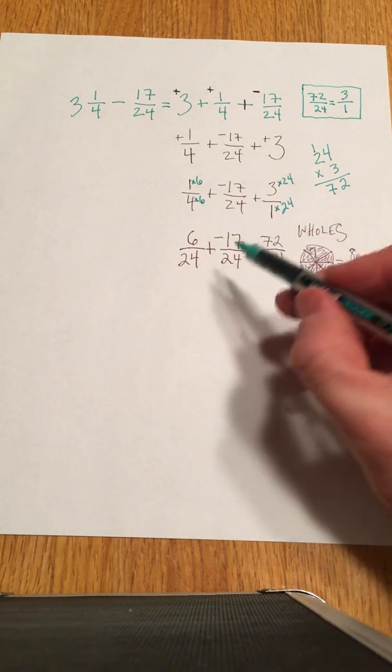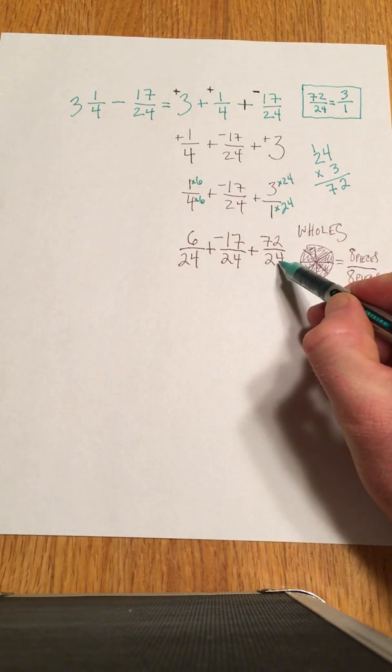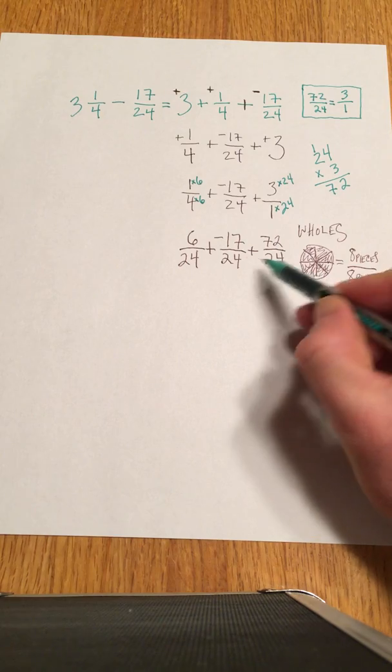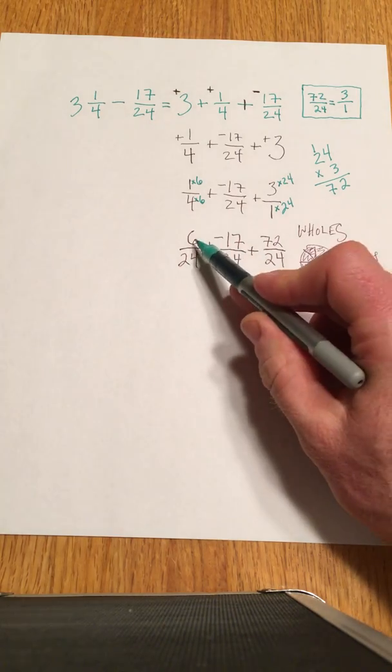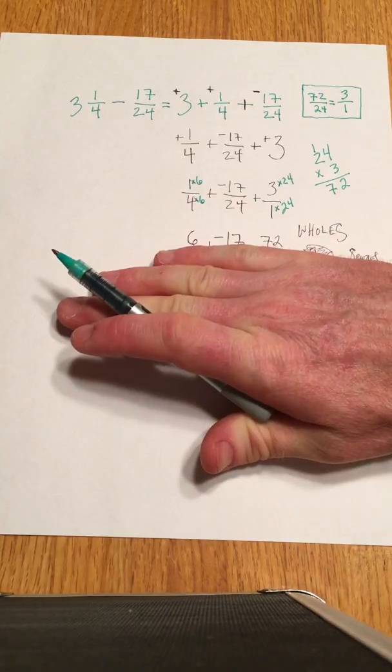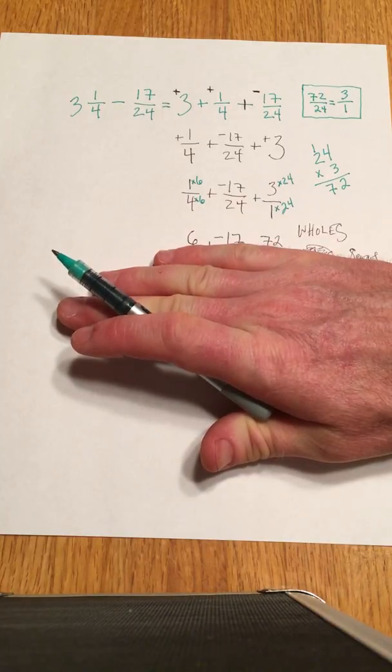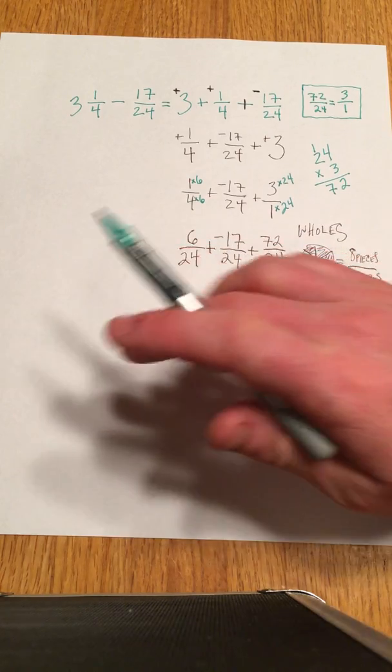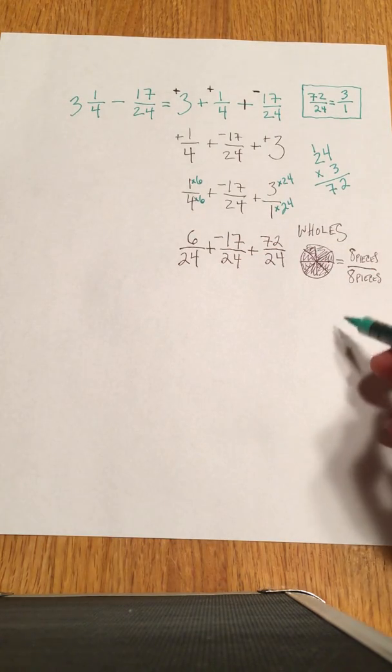Okay, so now that we've got our three fractions with common denominators, I can almost ignore the denominators and just add the numerators straight across. So what's 6 minus 17 plus 72?